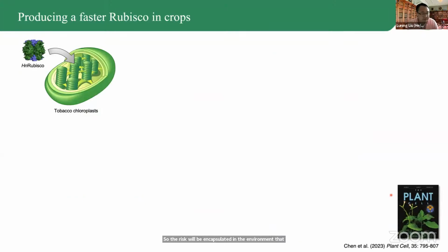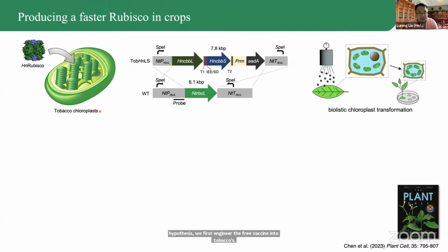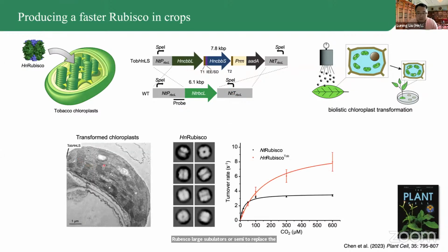To test the hypothesis, we first engineered the free bacterial Rubisco into tobacco. Using chloroplast transformation, we transferred a plasmid that expresses the bacterial Rubisco large and small subunits to replace the endogenous tobacco Rubisco large subunit gene.